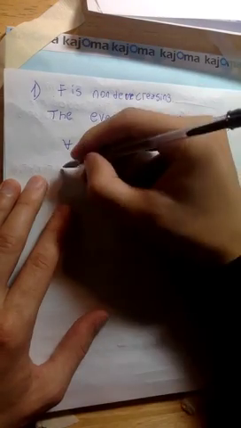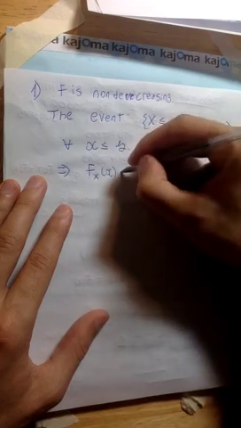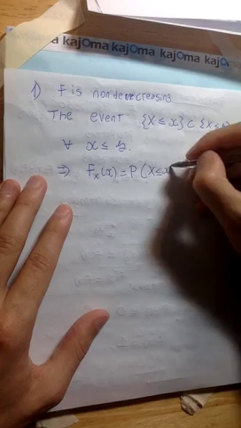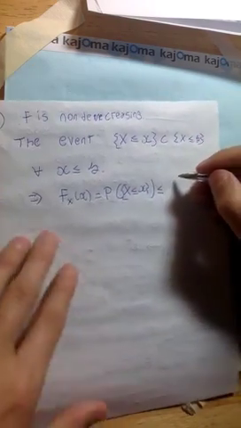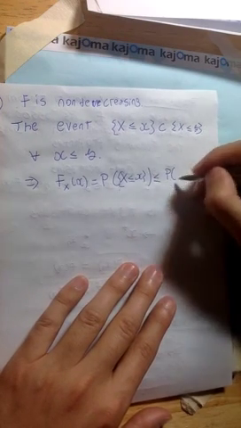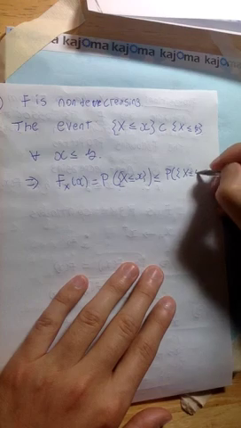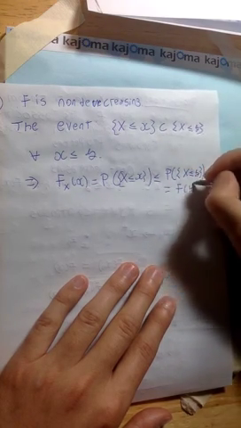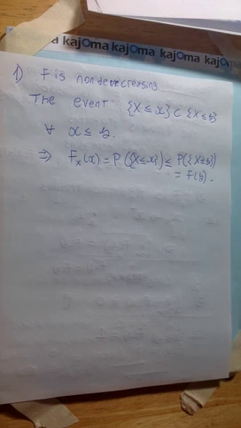But then, as we have seen before, this implies that F of x, which is the probability of X less or equal than x, will be less or equal than the probability of X less or equal than y, which is equal to F of y. Okay? So this is a bit straightforward what we're trying to do.